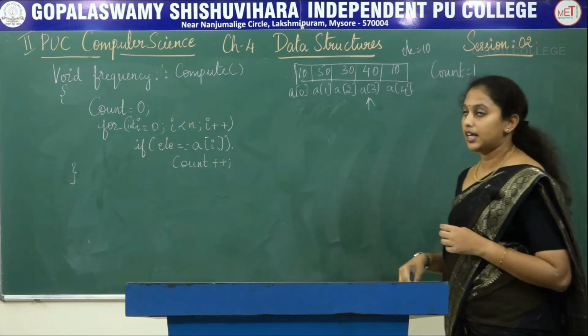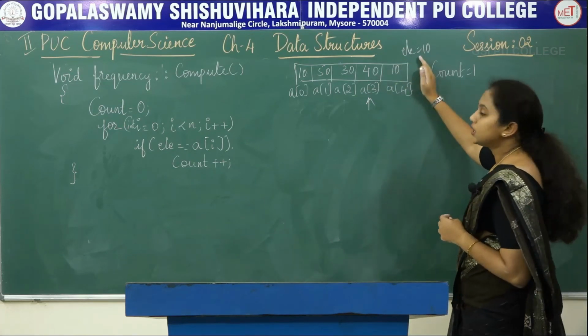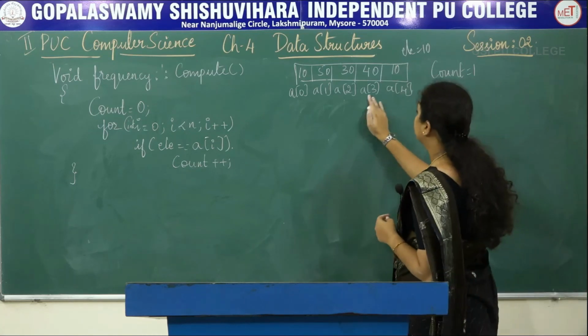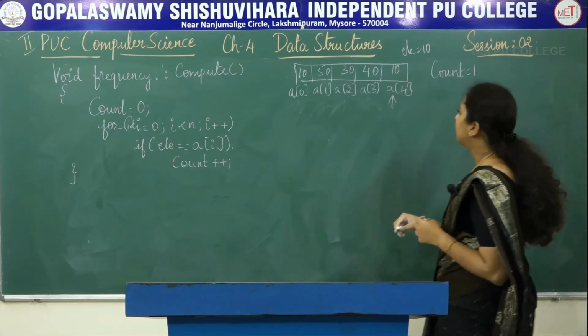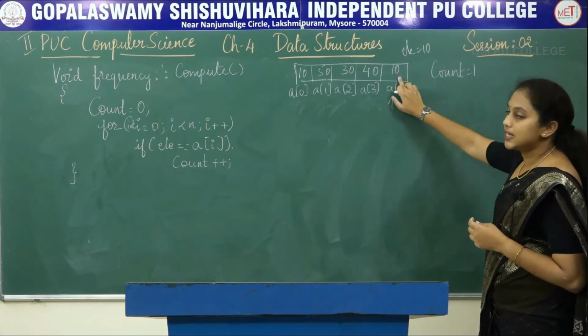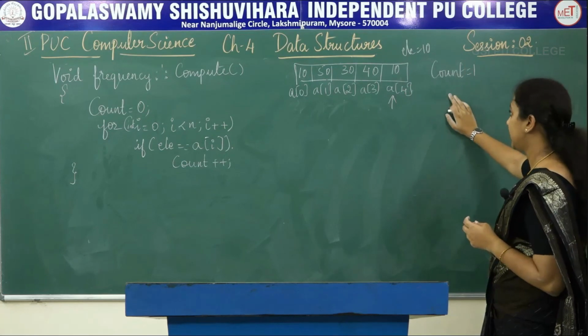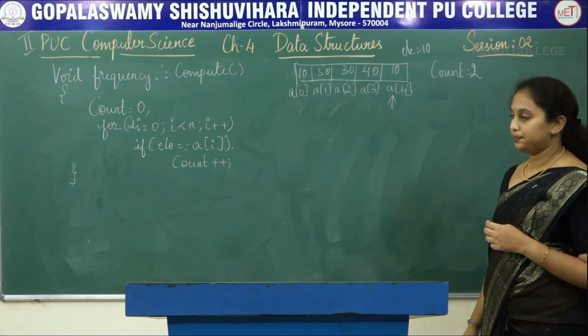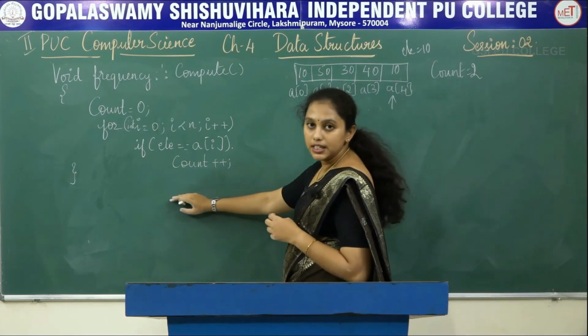Fourth element: 40 does not equal 10, so count remains the same. Next I compare with the fifth element, that is 10. 10 is equal to 10, hence count gets incremented. So that is what I have written here.